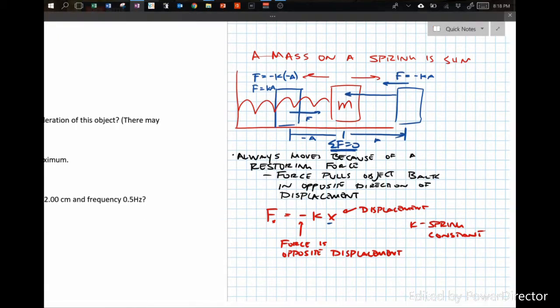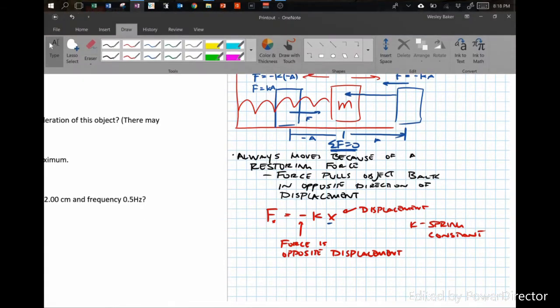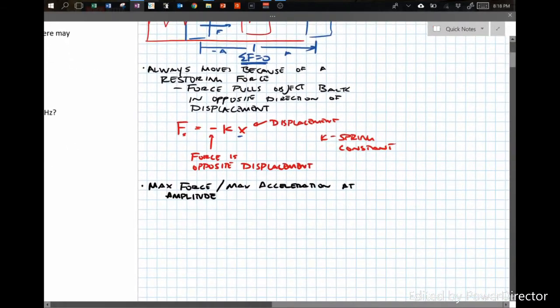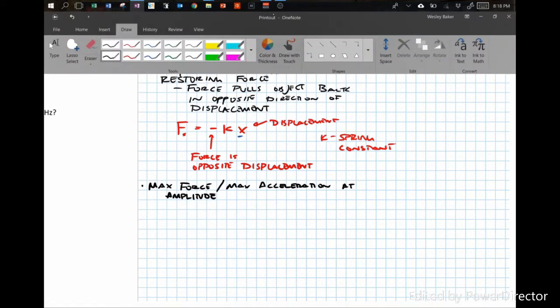So, because this force depends on the displacement, as do all restoring forces, we have maximum force, maximum acceleration, at an amplitude. And since we're here, we'll go ahead and define an amplitude.